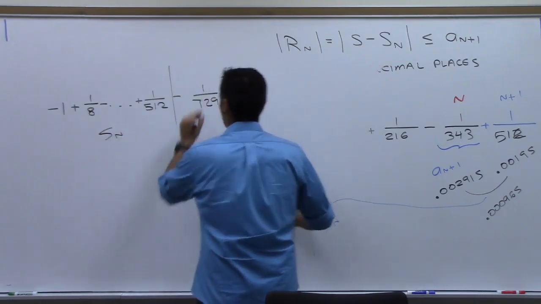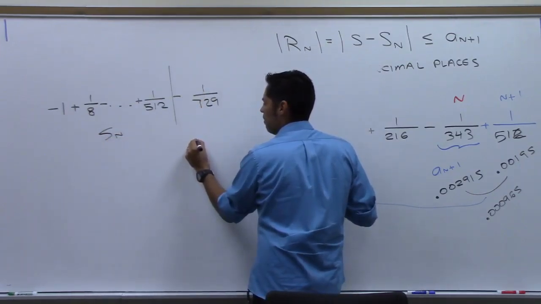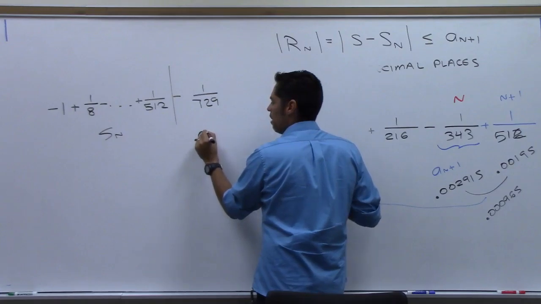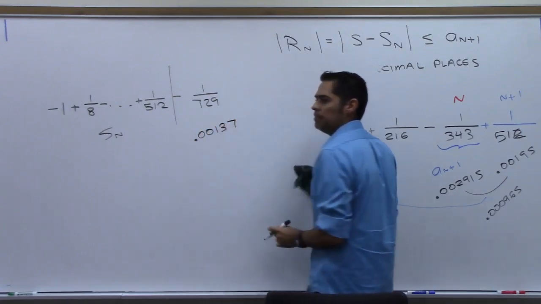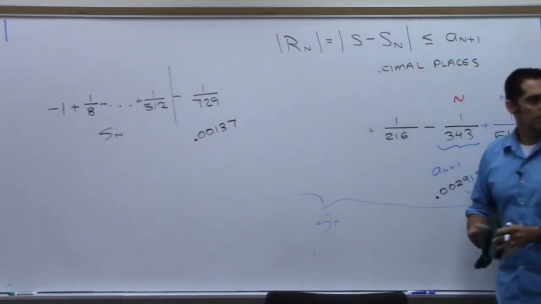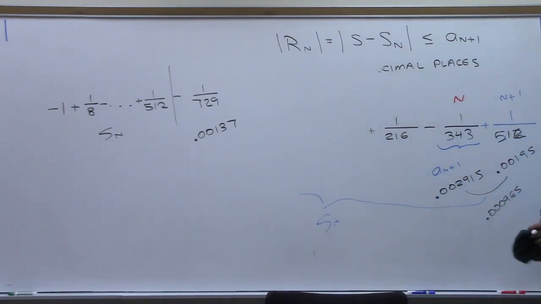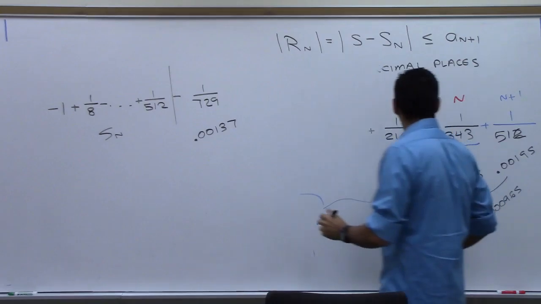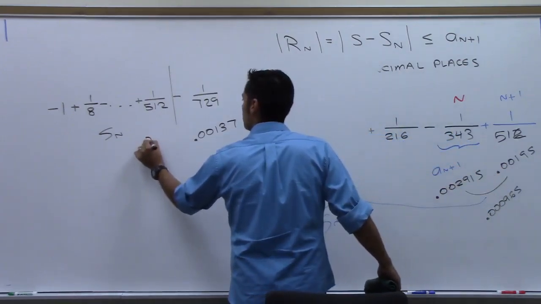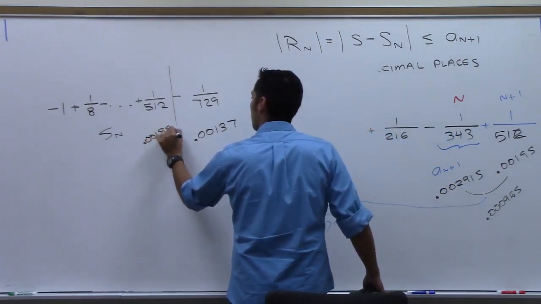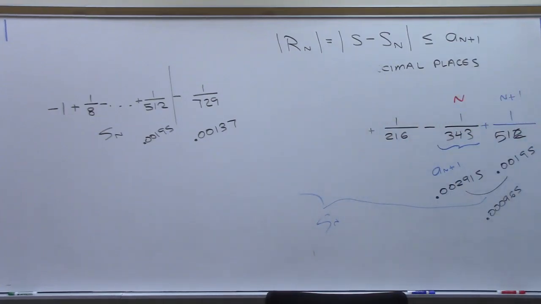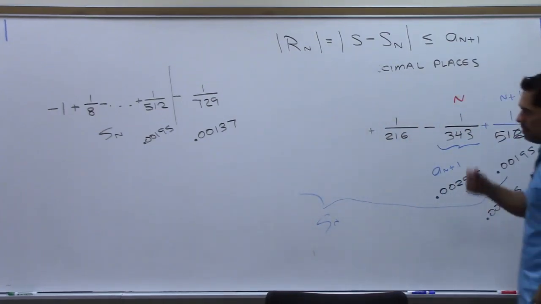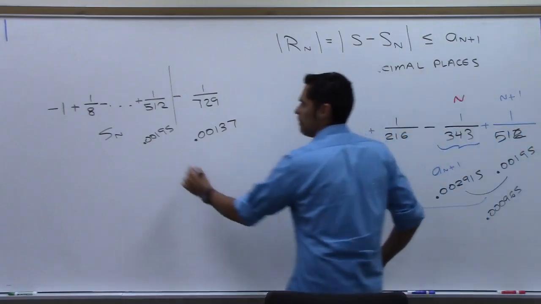What's this one right here? 1 over 729 is 0.00137, right? And the one before it was 0.00195. What's the difference between those two? 4th decimal place. Right?